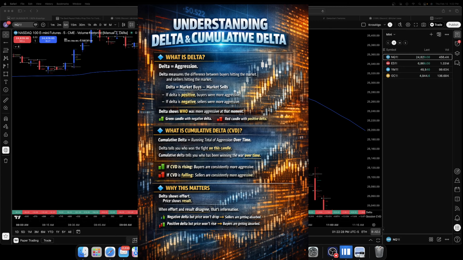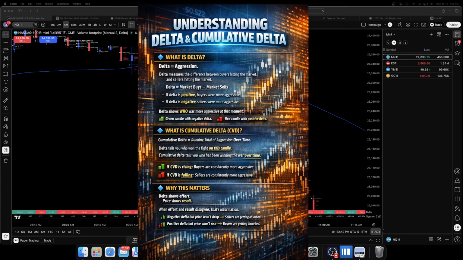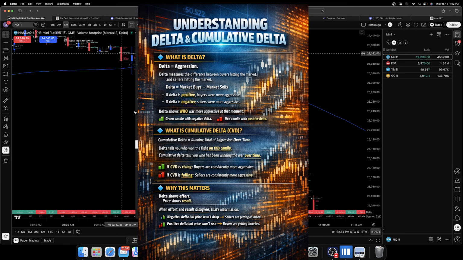So I have been using the delta, and I want to talk about using the delta and the cumulative delta. How I get to it is through the footprints in this drop down menu here.